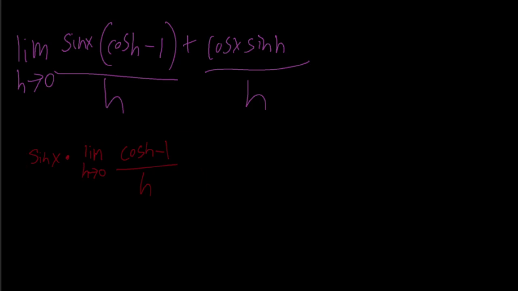And then we put plus, and the same thing applies to the cosine of x, because h once again has nothing to do with the x variable in cos x. So we can put cosine x, and then we can put this multiplied by the limit of h approaching 0, and we just isolate these.